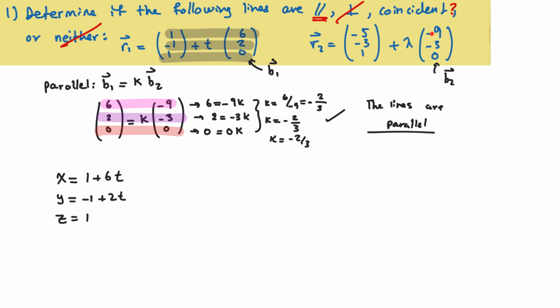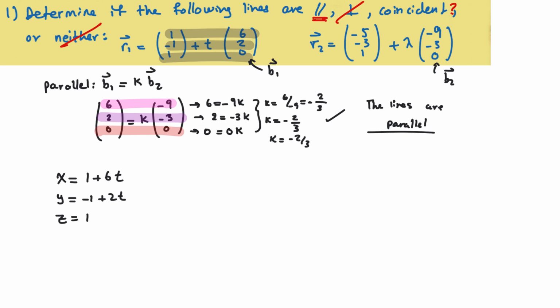To do that, we can choose any point here. If we choose a lambda value of 0, then this crosses out and we're left with this point, -5, -3, 1. Now, I just want to emphasize that you can choose a lambda value of anything. You can choose 1 and then use another point, maybe -5 plus 1 times -9, -3 plus 1 times -3, and 1 plus 1 times 0. But the easiest one is that initial point.